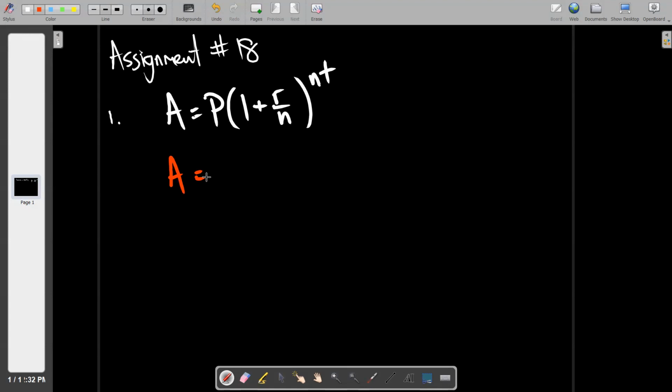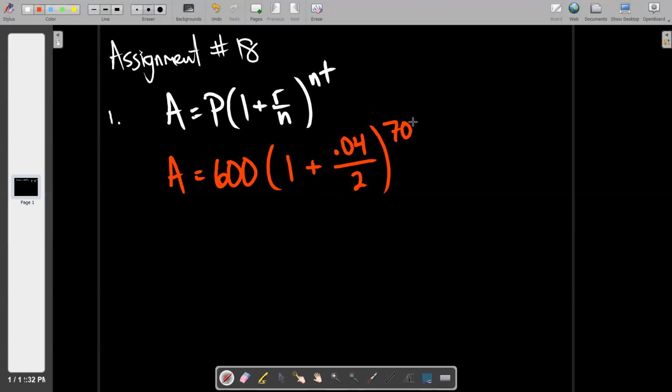What am I going to put in place of P? 600. Then parentheses 1 plus. What am I going to put in for R? And don't say 4, remember? 0.04. Good. What am I going to put in for N?